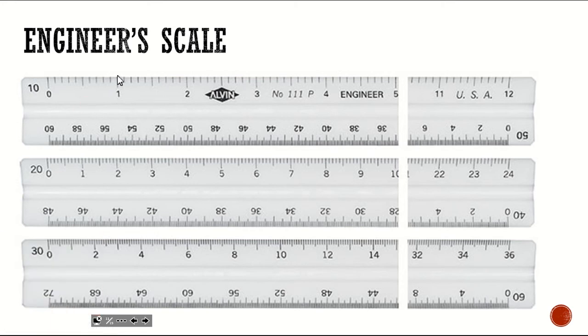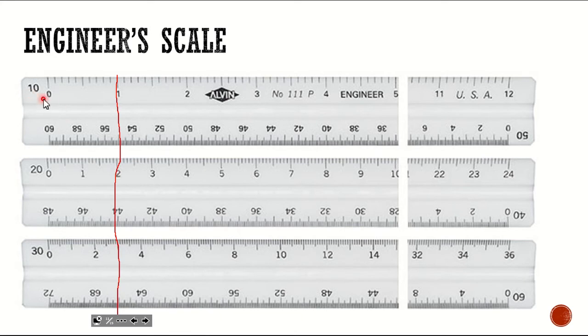So I just want to show you. I'm just going to draw a straight line down. This is a real live inch, from here to here is an inch. From there to there is an inch.